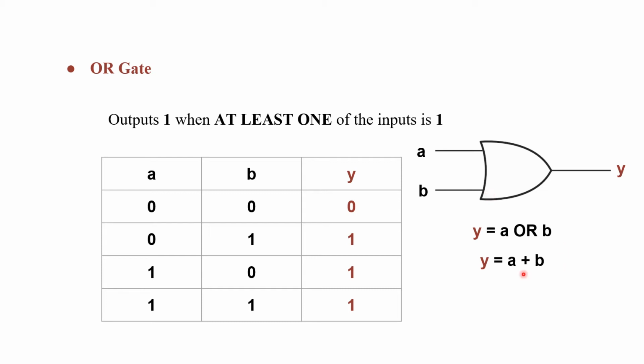So the last expression is Y is equal to A or B. You don't read this as A plus B, but rather Y is equal to A or B. And remember, the condition for having a 1 at the output for the OR gate is to have at least one 1 at the inputs.